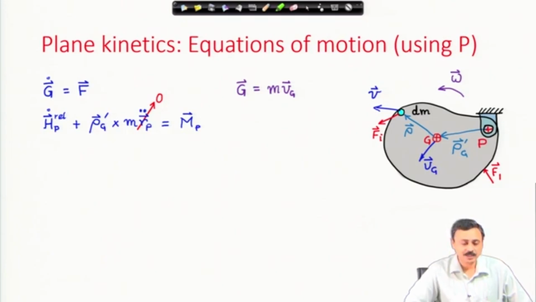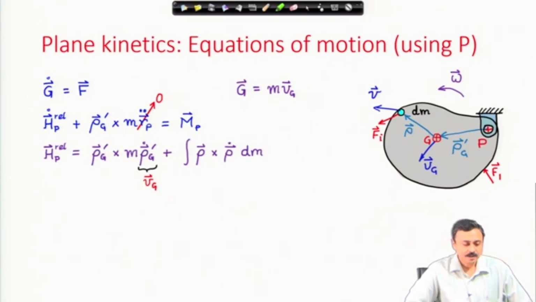We have a simplification, and the expression of relative angular momentum about P is given by this expression.